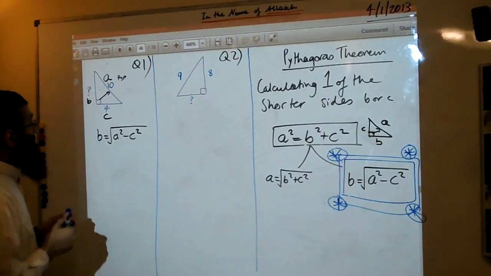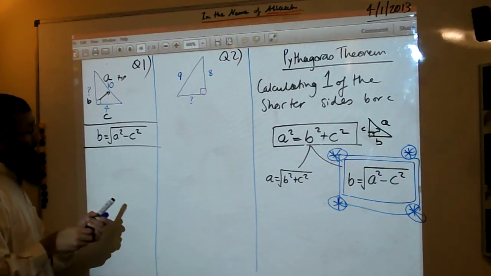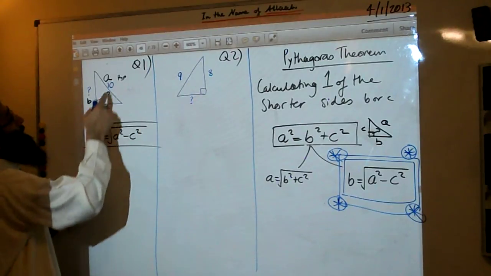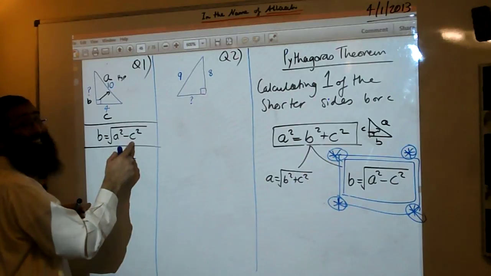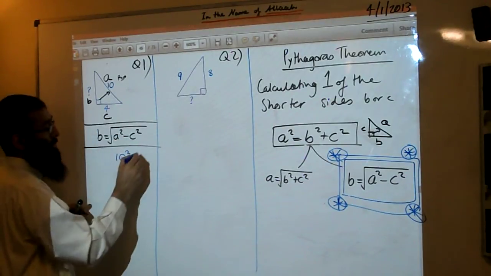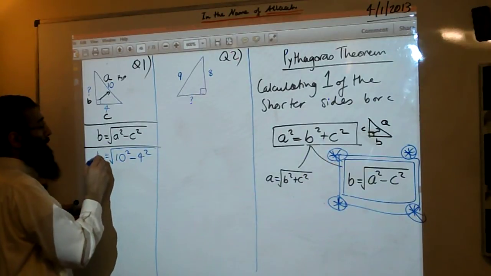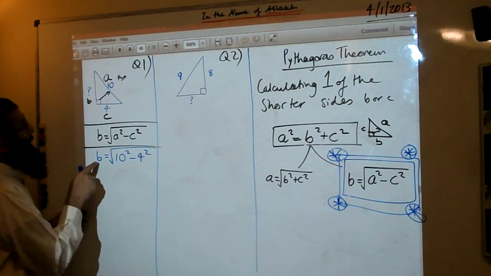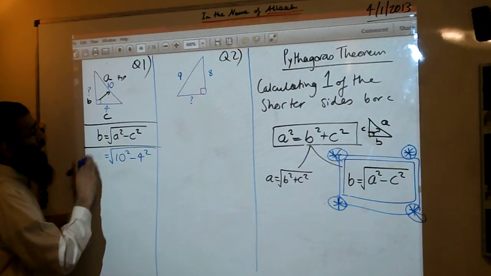Okay, now let's put the values in. So this is our rule. A is 10 squared, minus c squared, c is 4 squared, is equal to b. Here you can put the question mark back in, because now we know what we're talking about.